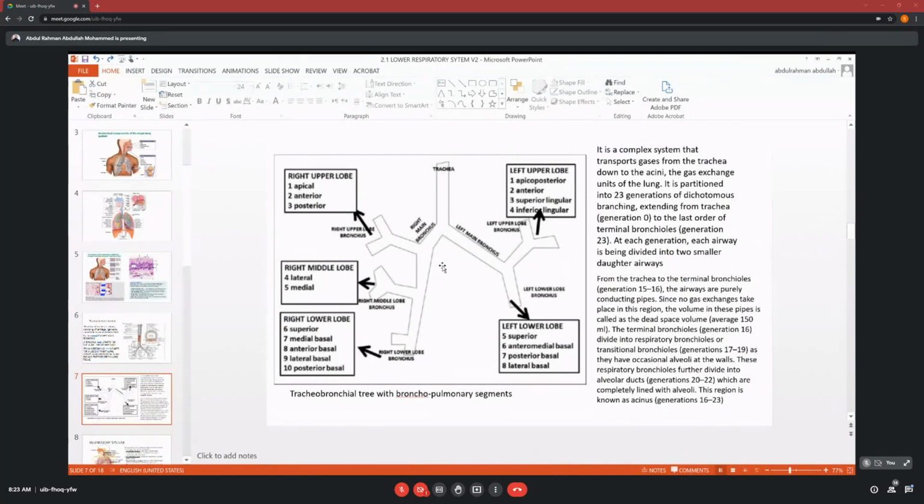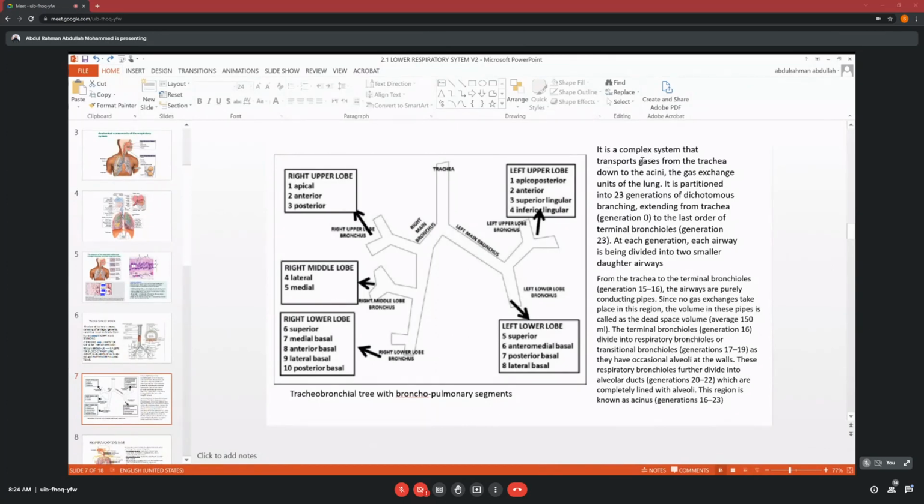Here they are talking about the division of the bronchioles: almost 10 divisions on the right side and 8 on the left side, to cover the most area of the lung.